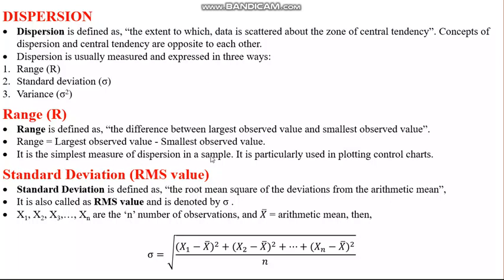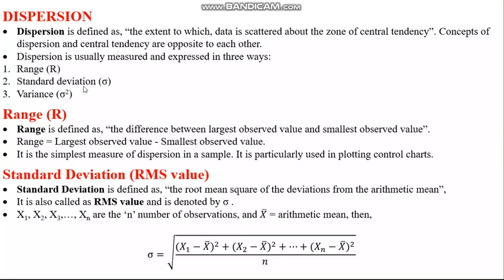It is the simplest measure of dispersion in a sample. It is particularly used in plotting control charts, and we are going to see many control charts. This is the first way of expressing dispersion.